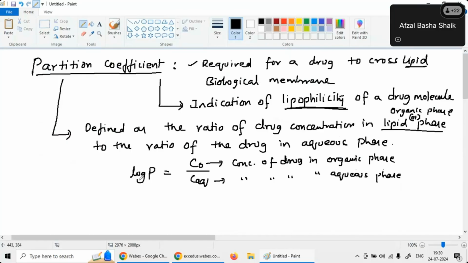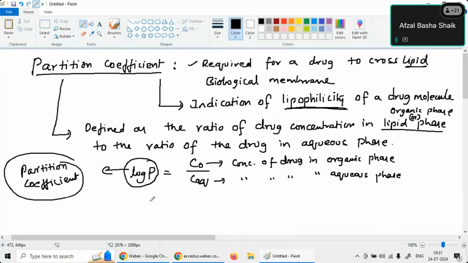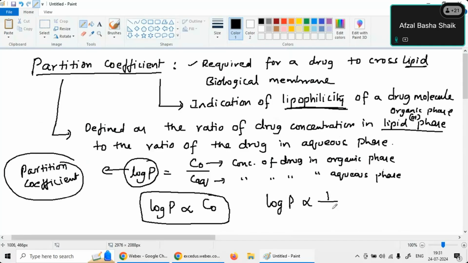So what did you understand from this relationship? This log P is nothing but the partition coefficient. Here you can see that log P is directly related to Co, whereas log P is inversely related to C aqua. Yes or no?